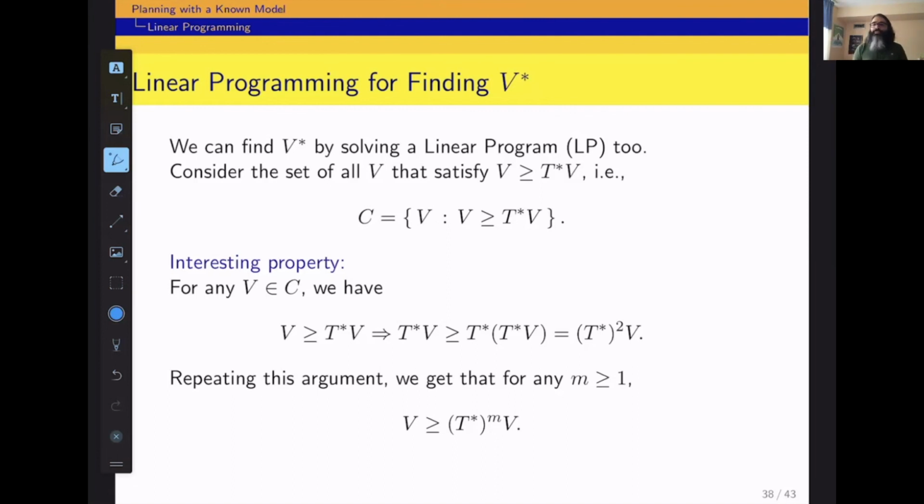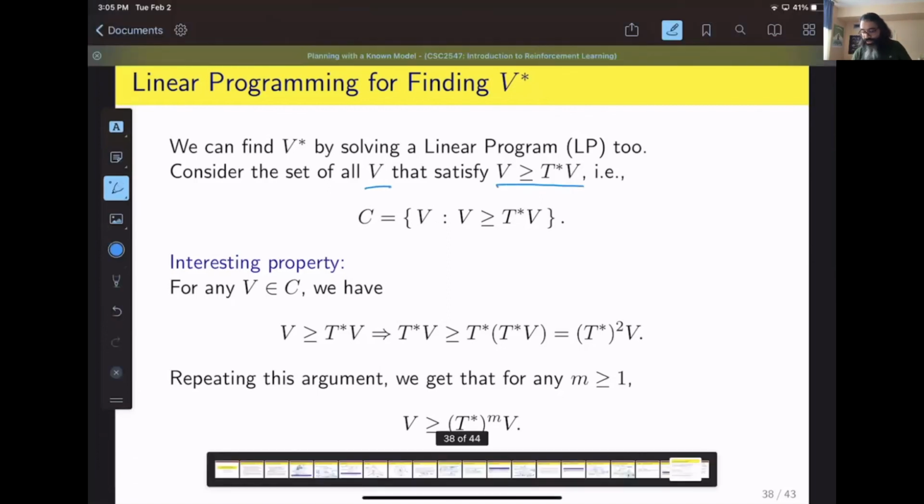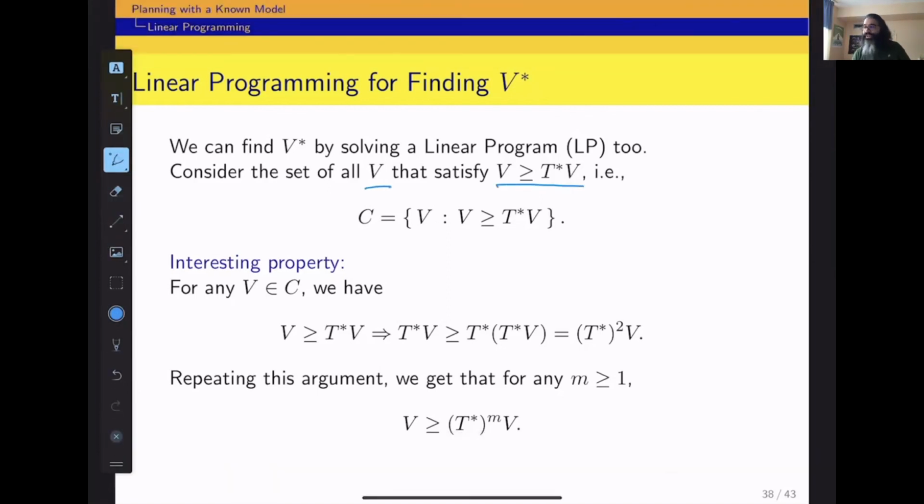So the basic idea is like this. Suppose we take all value functions that satisfy this inequality, that V is greater than or equal to T star V. This is a set of functions that I denote by capital C. Notice that this is not referring to any particular value function for any particular policy.